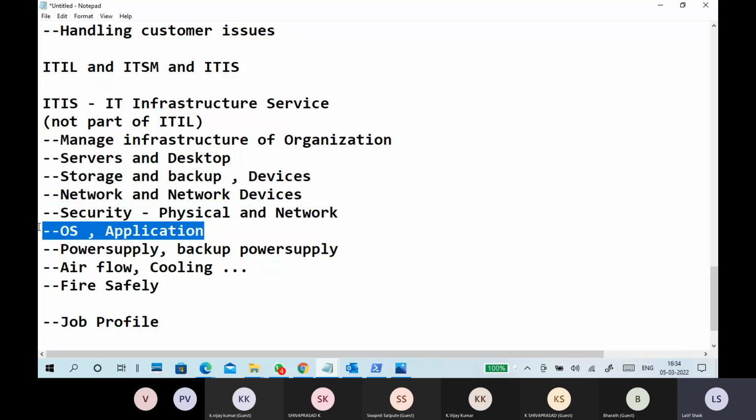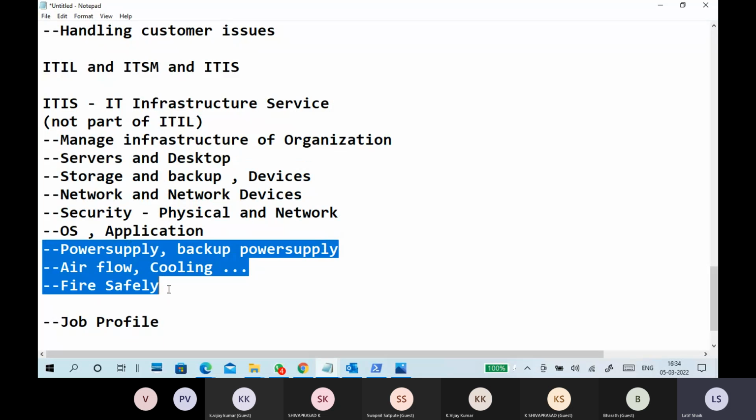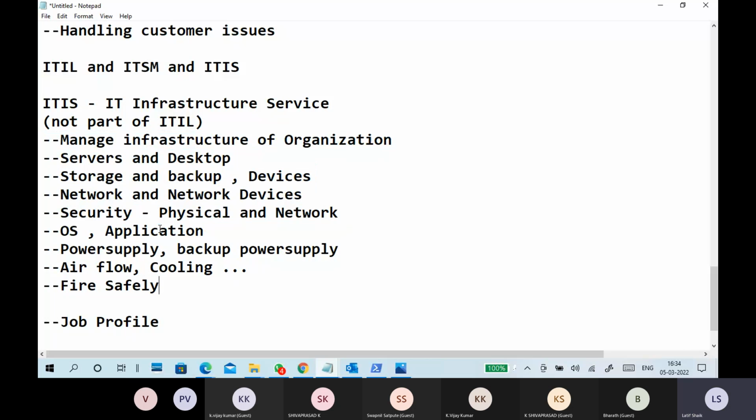OS means operating system and application related, power supply, backup power supplies, airflow, cooling, fire safety. So these are the physical environment, but this is your network related one. So it is not part of ITIL, but it is a part of ITIL also. So that's why better you take it.